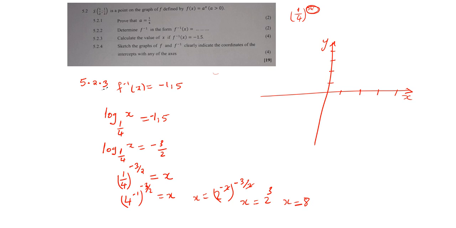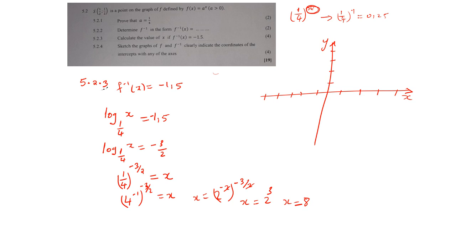For example, 1 divided by 4 exponent 1, this is 0.25. The second one, exponent 2, you are having 1 divided by 16, and you can see that as you are increasing the values of x, the values of y are decreasing. So this is a decreasing function. Also, the inverse must be decreasing.